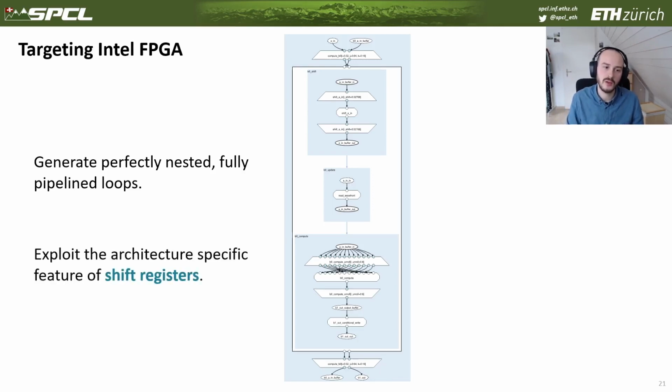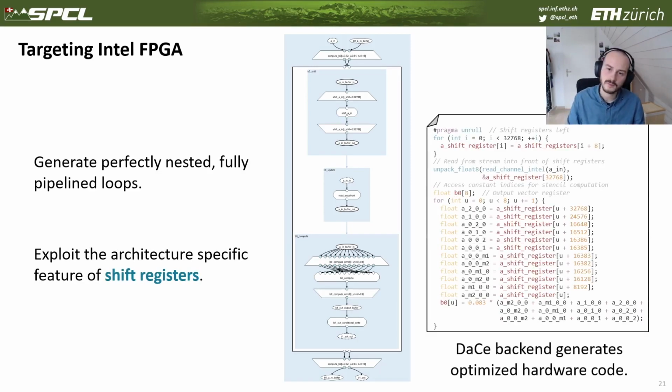And then we can exploit architecture-specific features such as shift registers, which is a powerful abstraction on Intel FPGAs, in order to express the kind of buffering patterns that we need to implement stencil operations. Once we do that, we can use the code generator of the DaCe framework to emit structured high-level synthesis code that will then be sent to the compiler and compiled into efficient hardware.